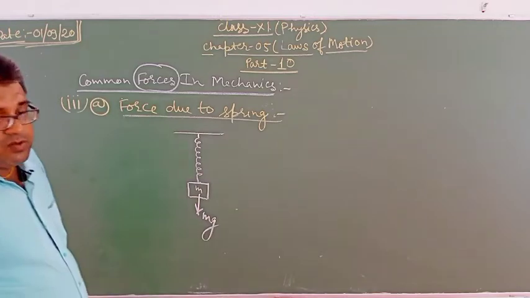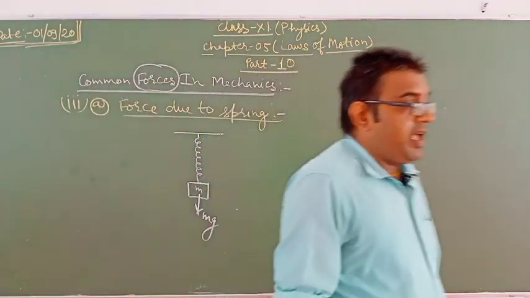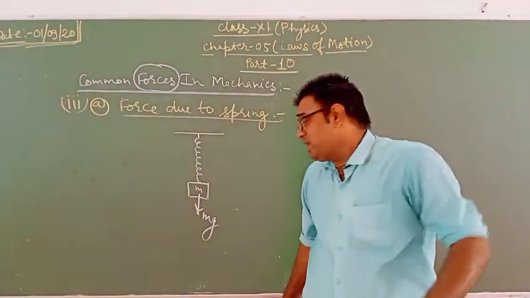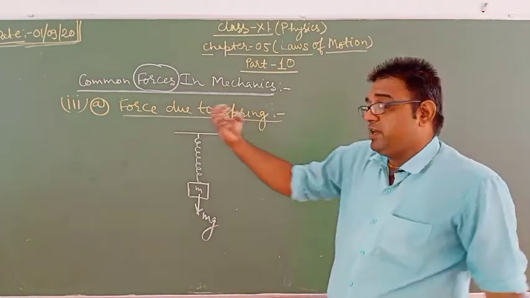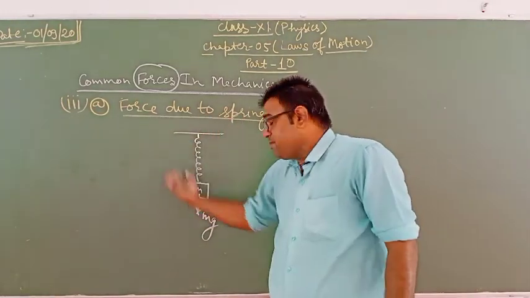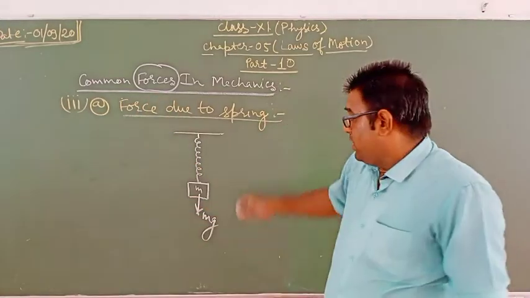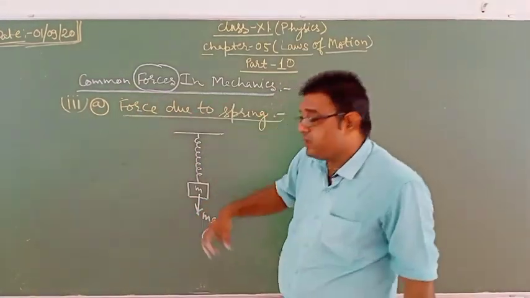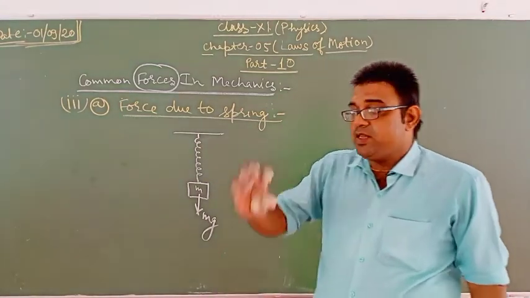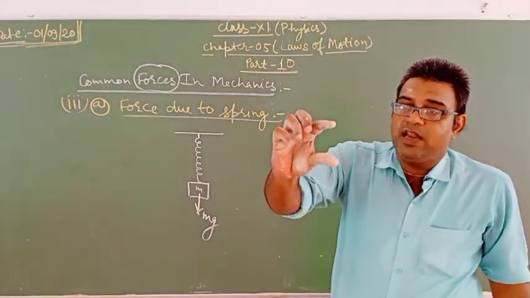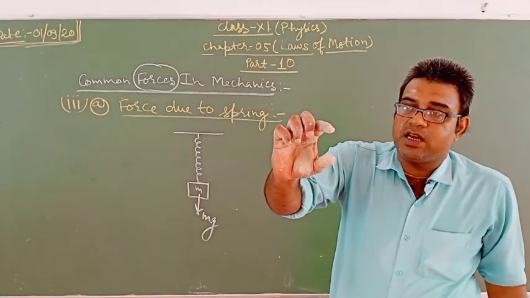Then what will happen, students? When weight mg is attached, you had seen the spring balance. This is similar to the spring balance. In case of a spring balance, when a weight m is attached to it, it elongates the spring, means the length of the spring starts elongating.